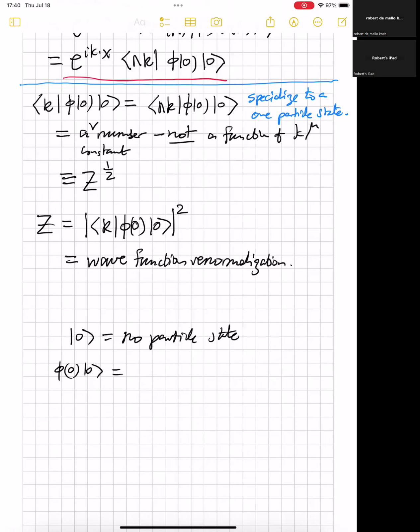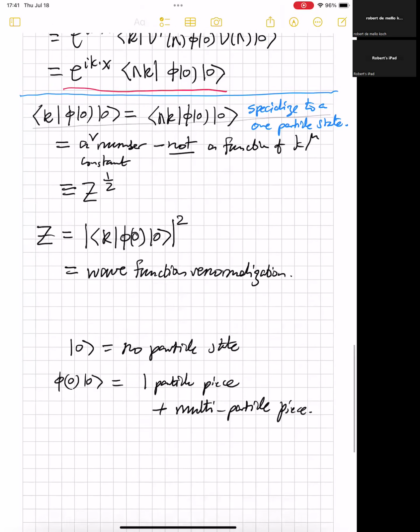And that's true in the free theory. If you're in the interacting theory, though, this state φ(0)|0⟩ will not be a one particle state. It will have a one particle piece, but then there is also all sorts of multi-particle garbage. Okay, so multi-particle piece. So there'll be a two-particle piece, three-particle piece, and everything else.